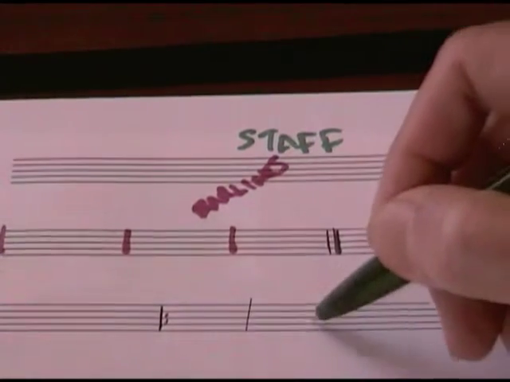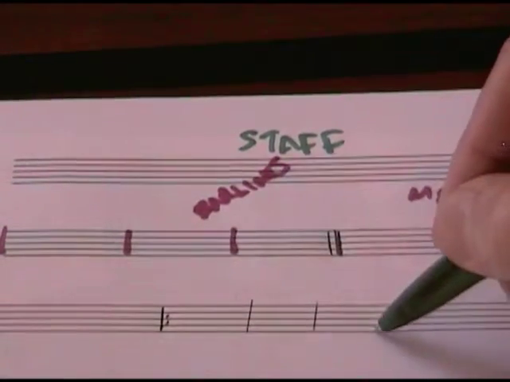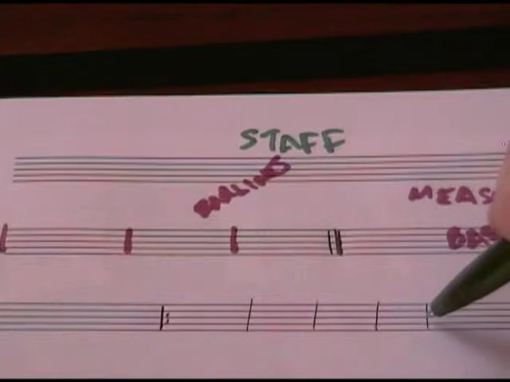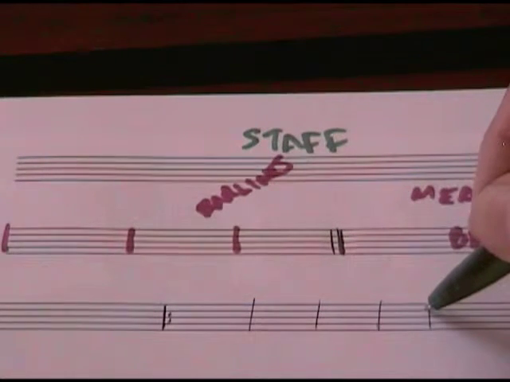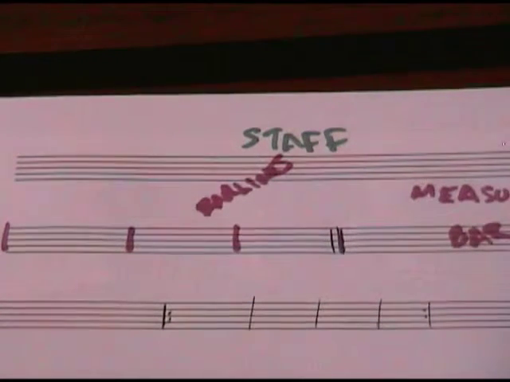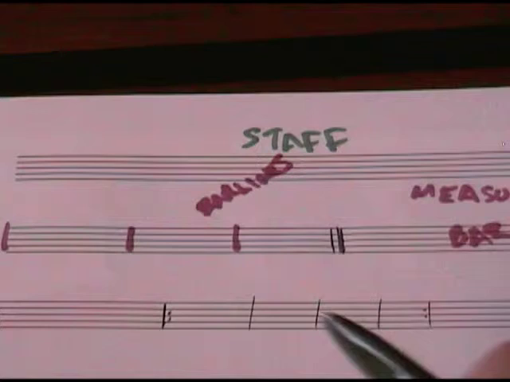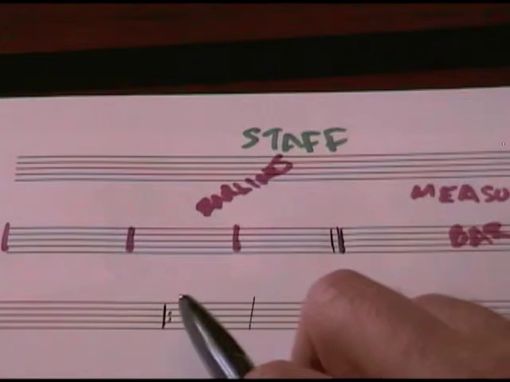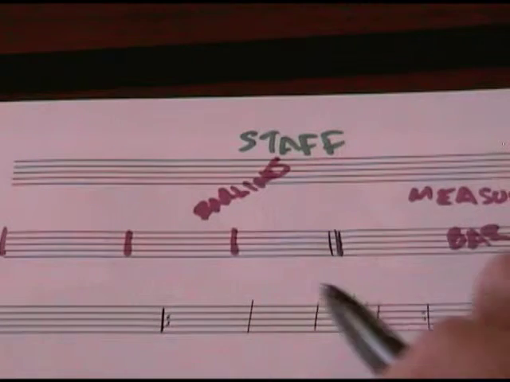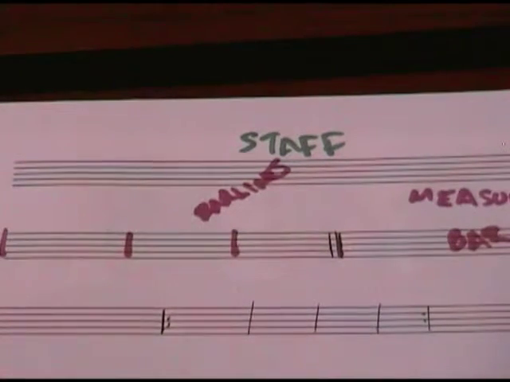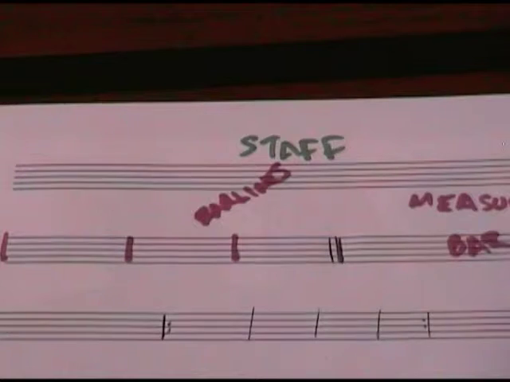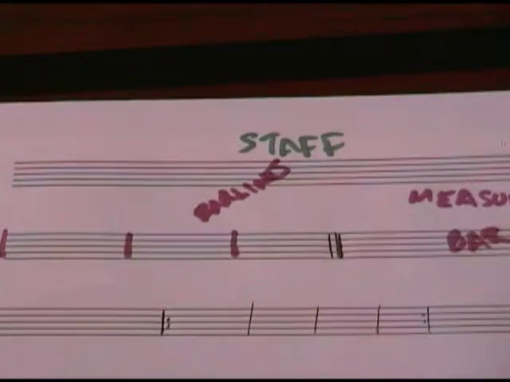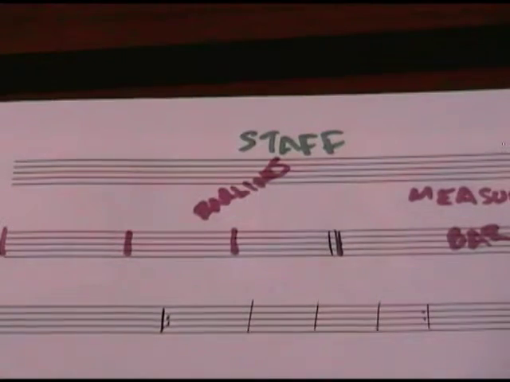Maybe we have 2 measures, and the 3rd measure, and then the 4th measure, we have 2 dots to go this way, which means when we get to this point, we're going to repeat back to here. So there are end repeats and beginning repeats. Like I'm trying to say, there are many different kinds of bar lines. But basically the function is to separate the staff into measures.